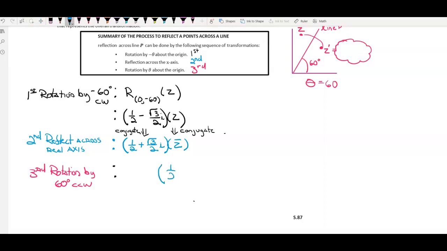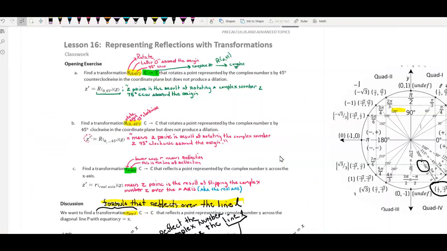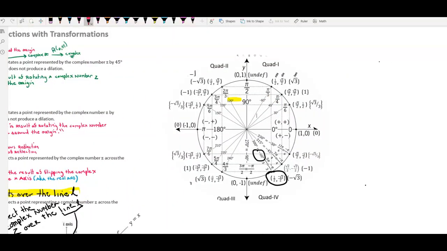So I've got this plus times. And now in front of it, I'm going to put what makes that thing rotate 60 degrees. So I go up to my unit circle, positive 60 degrees is right here.